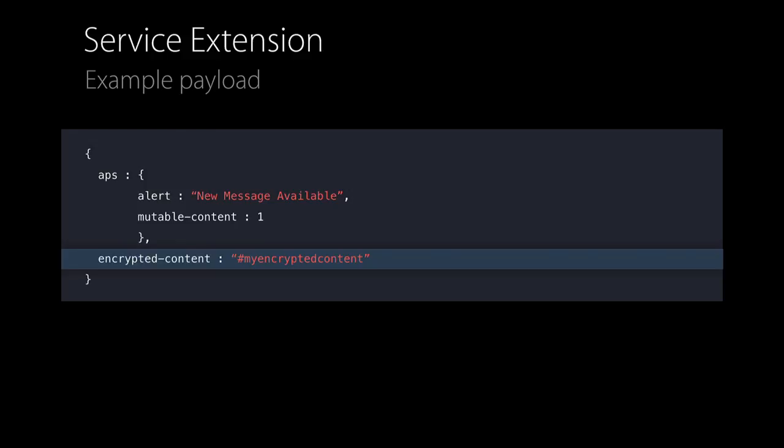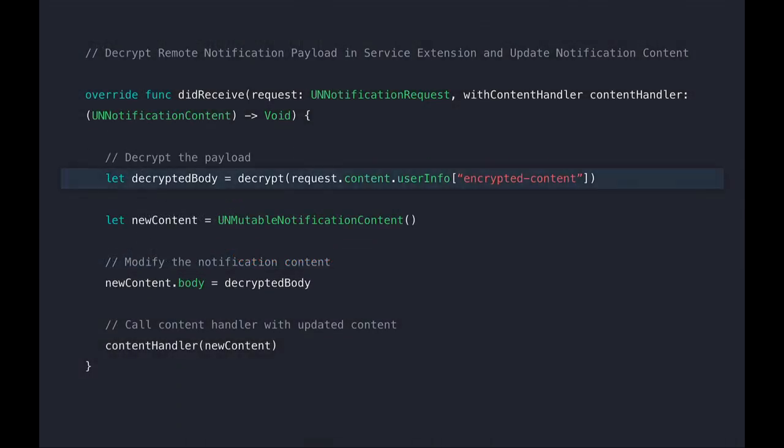So let's take a look at some code which would be able to process this remote notification payload. You can see here, we have our didReceive request method. The first thing I do here is decrypt the encrypted content of the remote notification payload.